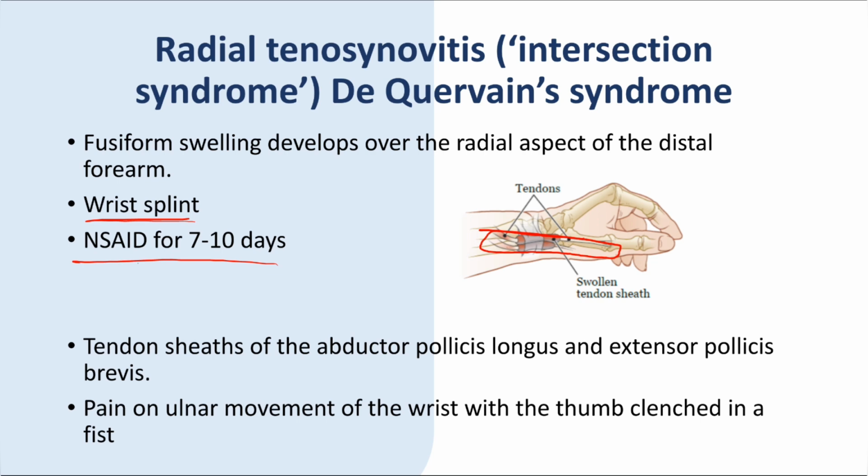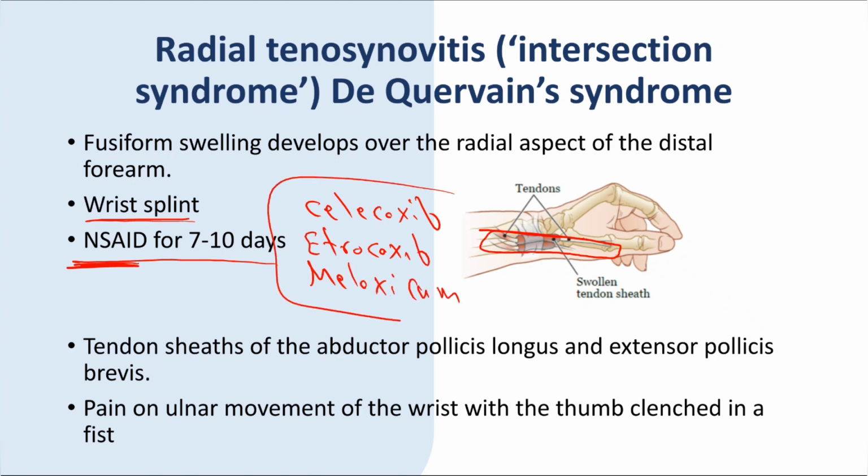For non-steroidal anti-inflammatory drugs that can be given, we may give celecoxib or etoricoxib or meloxicam. These types of non-steroidal drugs are called COX-2 inhibitors.